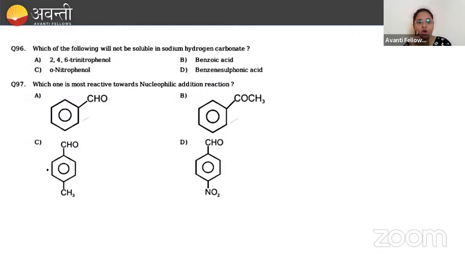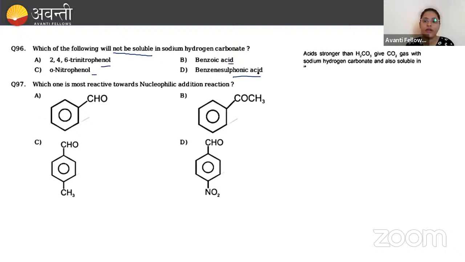Which of the following will not be soluble in sodium hydrogen carbonate? 2,4,6 trinitrophenol, orthonitrophenol, benzoic acid, and benzene sulfonic acid. Sodium hydrogen carbonate is NaHCO3, related to H2CO3.